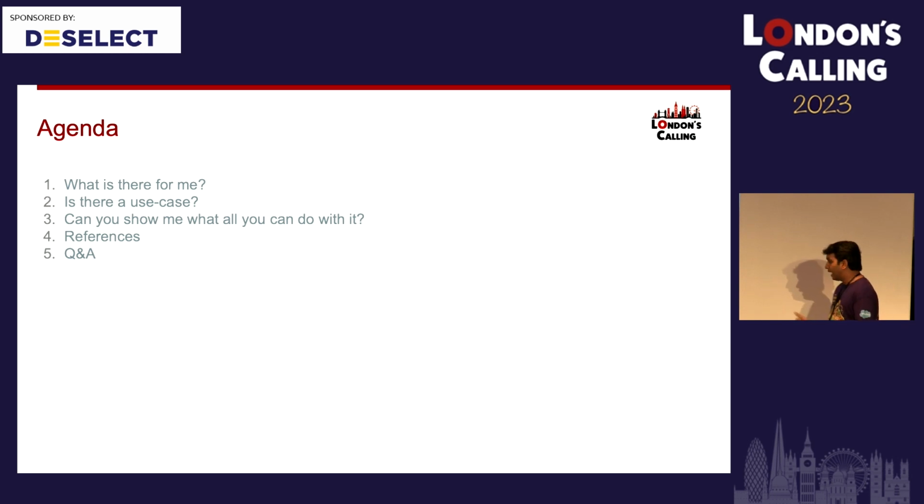Then we'll get into a demo where we'll see live how to integrate a third-party application with Marketing Cloud. After that, I'll share some references which would be incredibly helpful as a first step on this integration side. And then we'll get into Q&A.